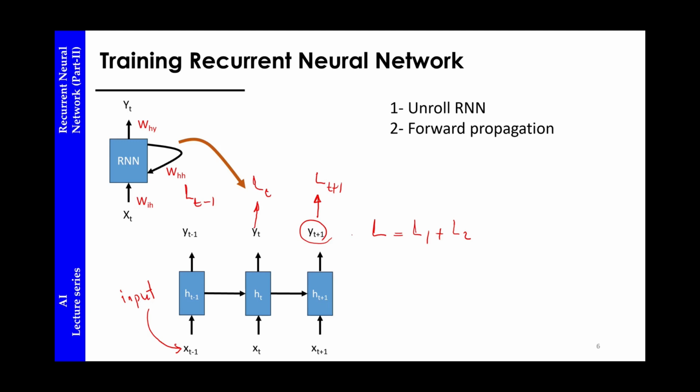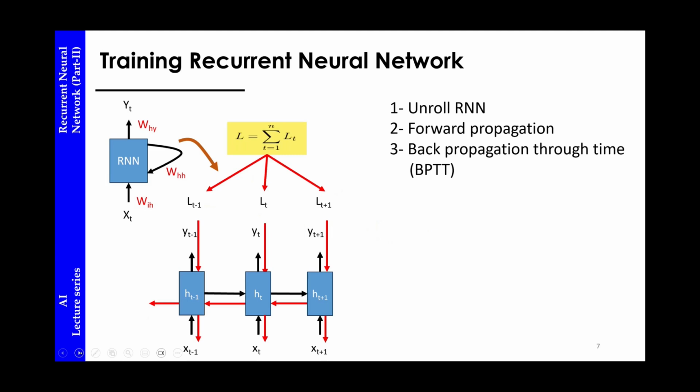We will calculate one output and the total loss, and then we should update our parameters. To update our parameters, we should go for backpropagation. Backpropagation through time.